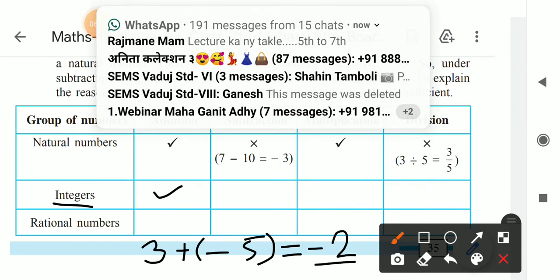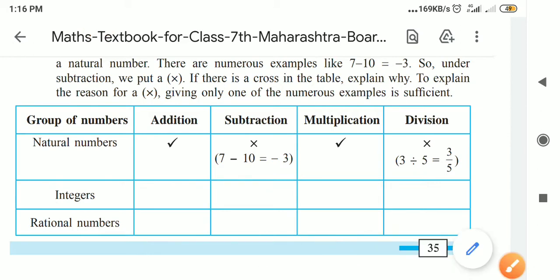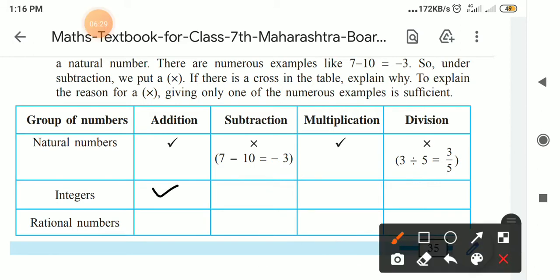Negative 2 is an integer, and that's why here the correct sign will come. Now subtraction. Okay, I will take another example, a subtraction example.